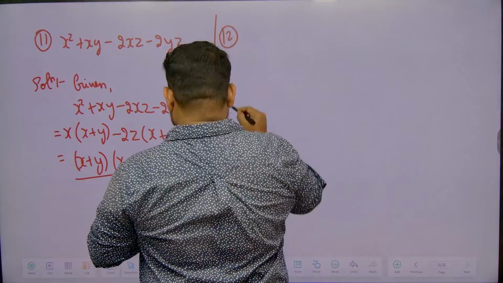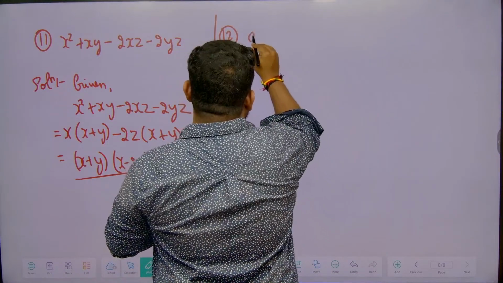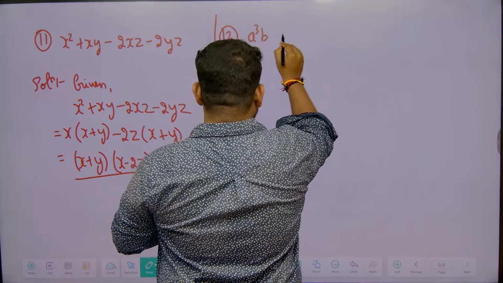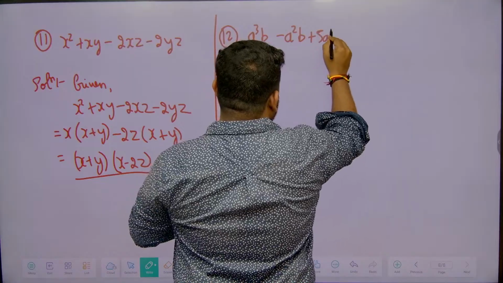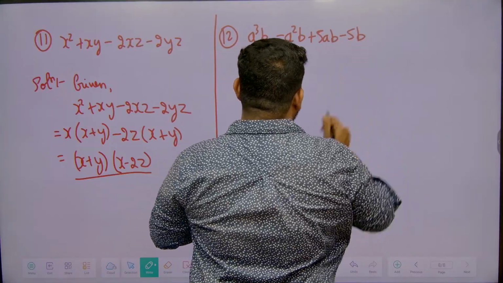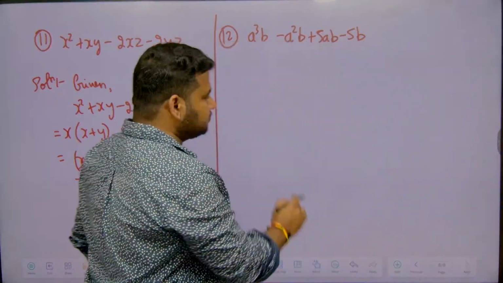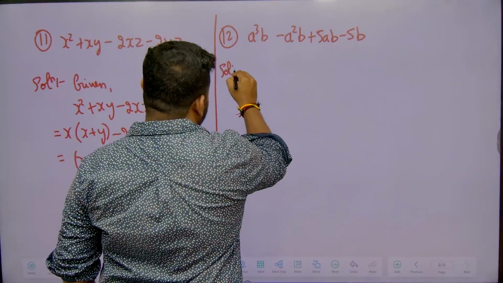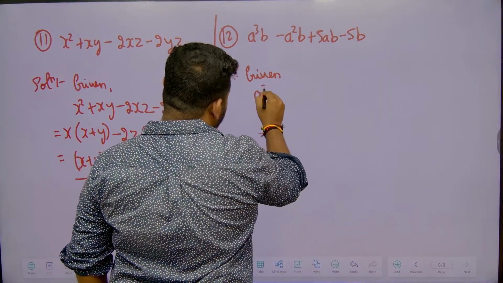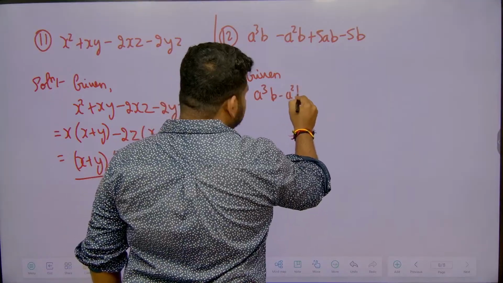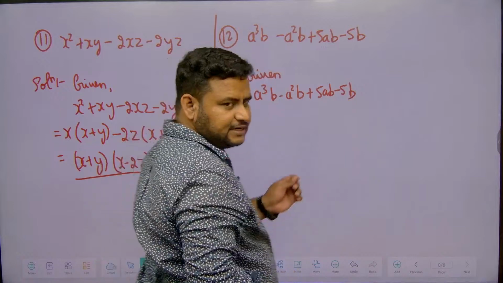12th one. They have given, factorize a cube b minus a square b plus 5ab minus 5b. Okay, this is what is given. Now, solution. What is given? A cube b minus a square b plus 5ab minus 5b. Just think a bit about this question.